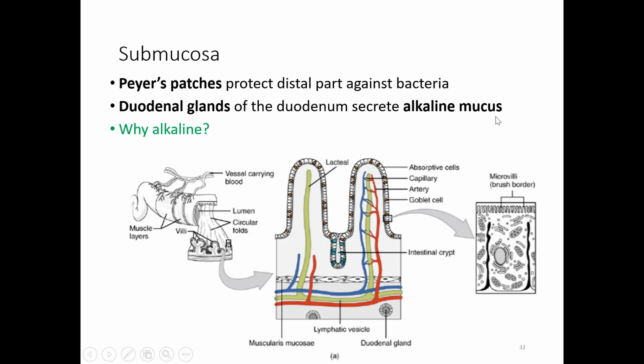Question, why should that mucus be alkaline? Think about it. Think about what substance arrives from the stomach into the duodenum. That will be chyme, food mixed with the stomach juice. And stomach juice is highly acidic. So, in the duodenum, we need some alkaline substance to neutralize the acidity of the stomach juice.